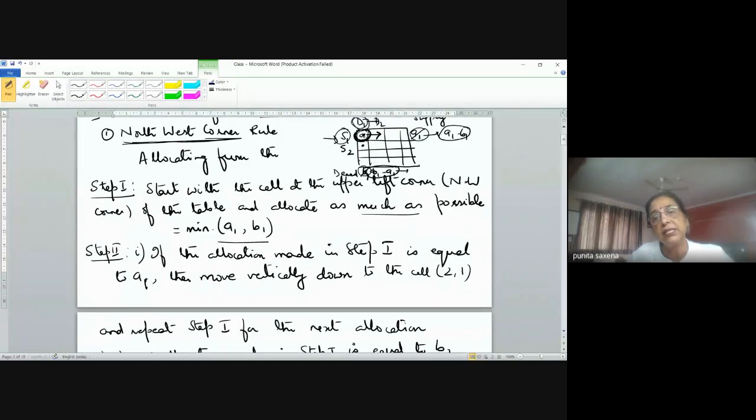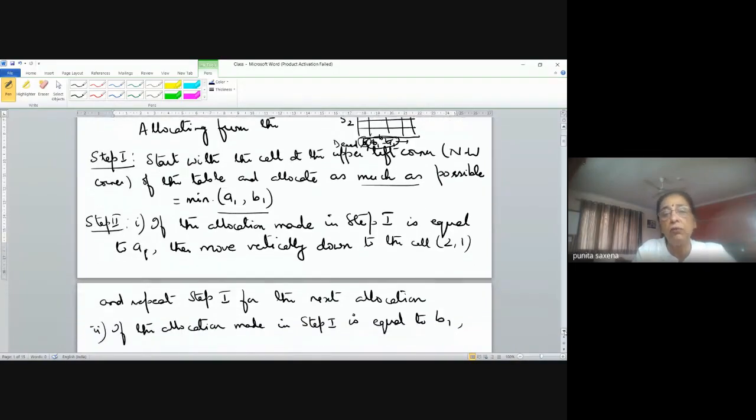So we move to the next destination. Now the comparison has to be made between A1 minus B1 and B2, whatever we can allocate. So instead of moving vertically down, we move horizontally to the right.